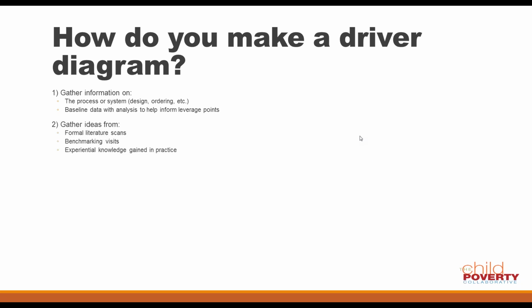Certainly, the first one is around gathering information on our system and what the data has to say about how our system works and if it's functioning in practice. And that's something that we spent some time doing, building the process maps and asking you to look at what baseline data you might have available to you already. And then we asked you to reflect on both your experiential knowledge and any knowledge that might be available to you in the professional literature or from visits to colleagues who might be working on similar things.